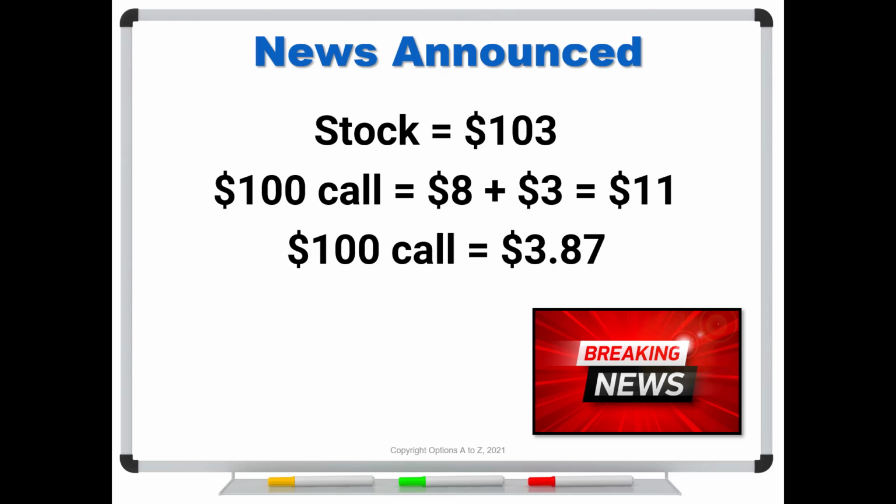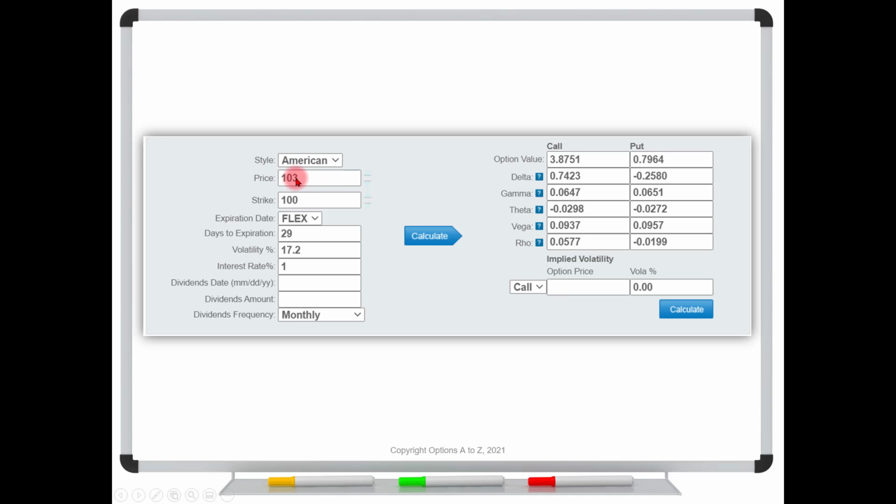It's the volatility crush. Here's what happened. Let's put the stock at 103. 1 day later, we've got 29 days till expiration, but notice I didn't keep the volatility at 70%. It now dropped back to its normal levels. Why? Because the news is out. People aren't willing to pay those excessive premiums for the right to walk away, because now we know the answer.